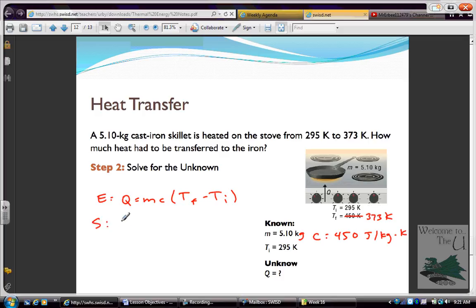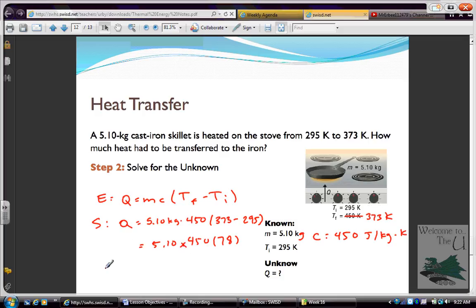So we'll substitute our numbers in, and we'll get 5.10 kg times 450, running out of room, so I'm not going to show this, times the final temperature, 373, minus the initial temperature of 295. So we take that 373 minus the 295, it's in parentheses, so we'll do it first, and you get 78. Multiply that times the 450, and we'll multiply that times the 5.10 when you bring it down.